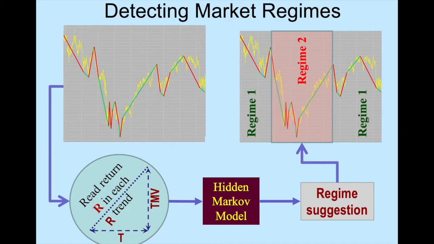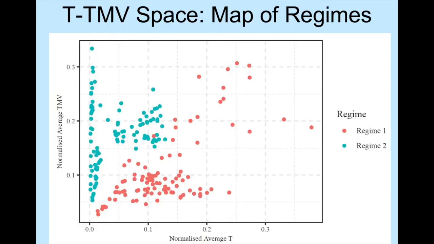Each set of regimes that we detected in an experiment can be plotted onto a time TMV space. Here, the x-axis represents the time and the y-axis represents the TMV values. We plot onto this time TMV space all the regimes detected in our experiments, which covered different markets at different times using different directional change thresholds.